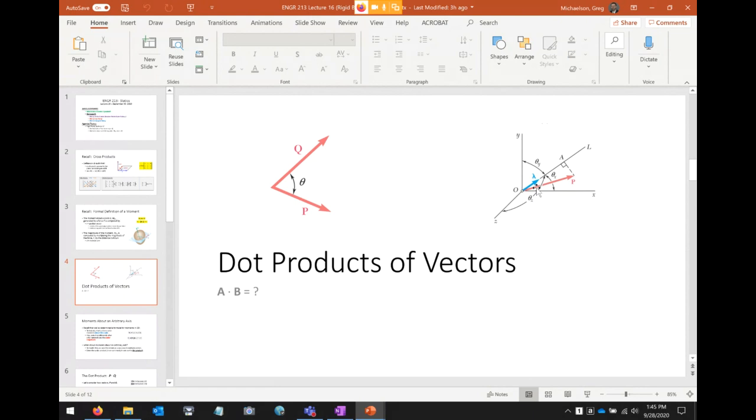Once we've figured that out, I think we've pretty much figured out how to take a moment about a point. Then we're going to use that concept to break down some force couples and some rigid body systems. With that, I think I'm going to call it for today. Next time we'll delve into the derivation of the dot product.